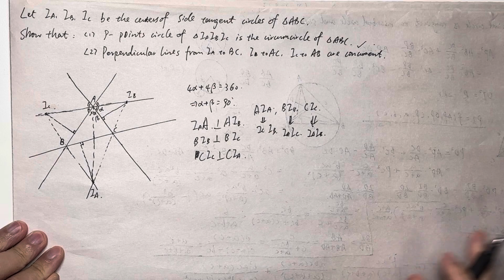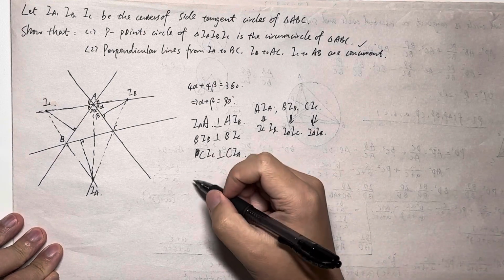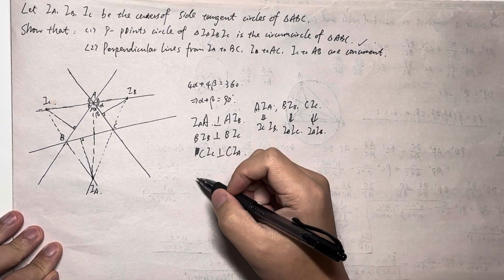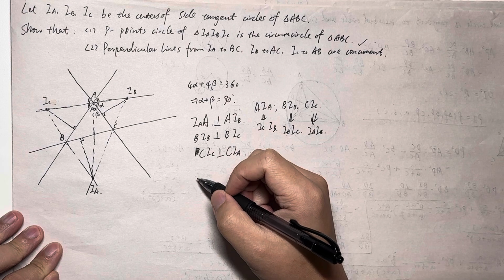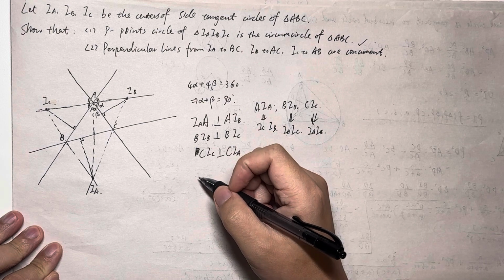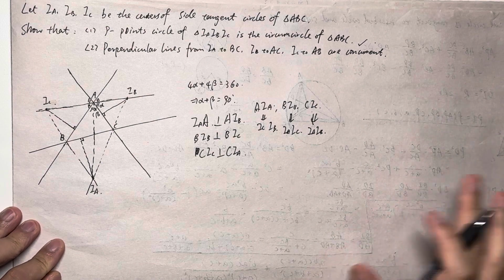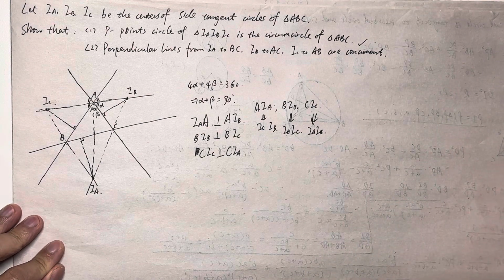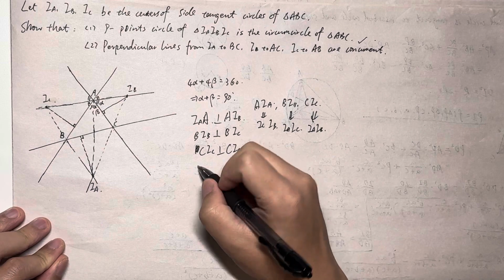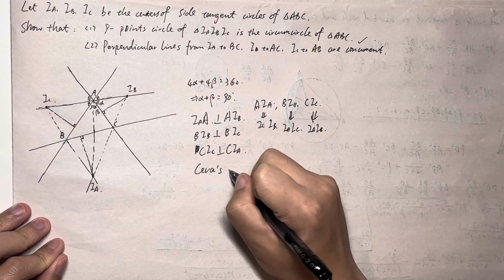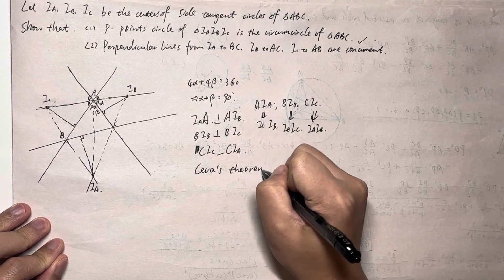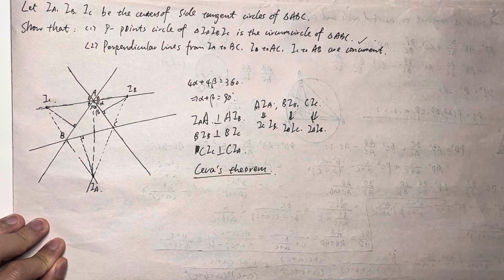Notice that we want to prove lines are concurrent. We have a very simple method, which we discussed at the beginning of this series of videos, right? Ceva's theorem. And here we want to use the angle form of Ceva's theorem.